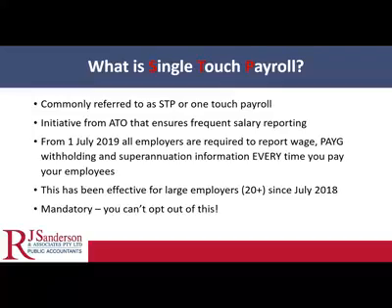This initiative involves frequent reporting of wages to the ATO instead of reporting once a year at the end of the financial year. This information, when you press the button to pay your staff, will be transferred to the ATO automatically with every pay run. So they will have pay records live. It's mandatory, compulsory, a little bit like what GST was when that was created. So we have to make sure that you are set up and operational by the 1st of July.